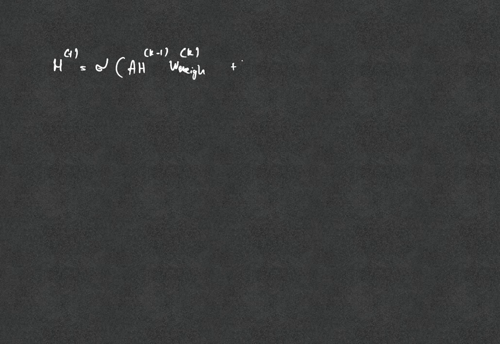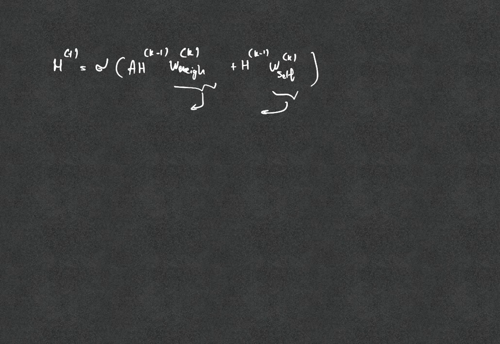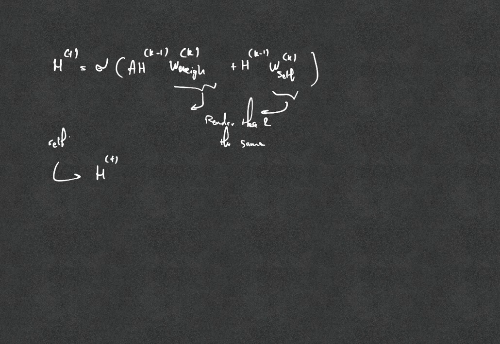Now let's see what happens to the thing that we discussed before. In the vectorized format, we had this. Now here, adding a self loop means you're going to render these two the same, and adding the self loop results in this formula.